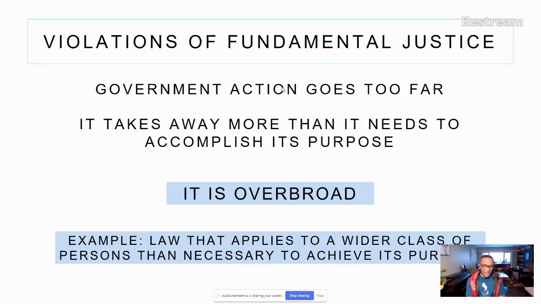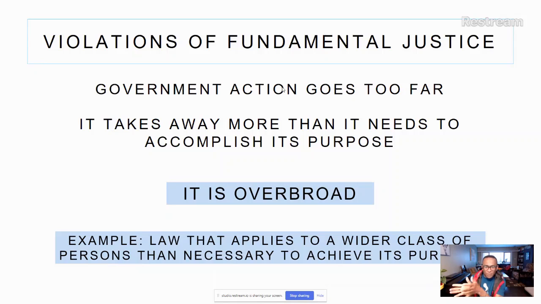So, say they were to make a mandatory vaccination scheme, and the government did not have, say, a cutout for persons who are medically contraindicated for vaccination. So, persons who, for medical reasons, cannot get vaccinated. The government includes them too, right? The court might say, well, you've gone too far.